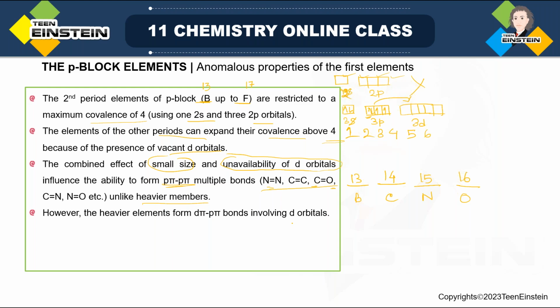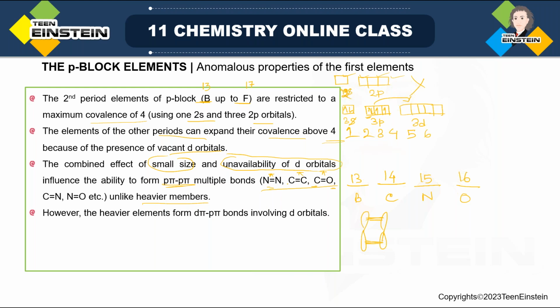Now because of the small size, what happens when you have here basically a pi bond. So a double bond means one sigma bond, one pi bond. Now for a pi bond, sidewise overlap is required. The sidewise overlap will be good when the atoms are very small in size, so they can come close to each other, and sidewise overlap is effective.